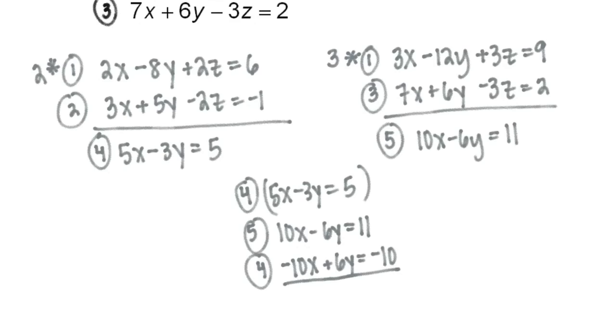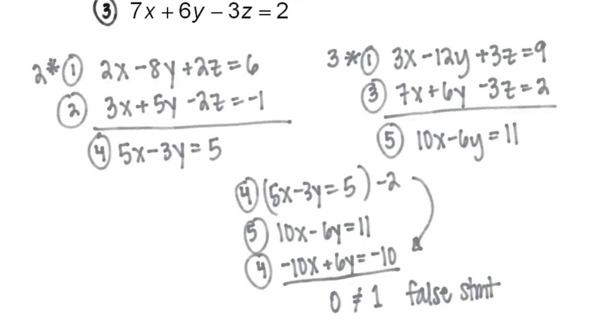And I get 0 on the left hand side, because not only do the x's cancel out, but the y's as well. 0 equals 1. Well, 0 is not equal to 1. This is a false statement.